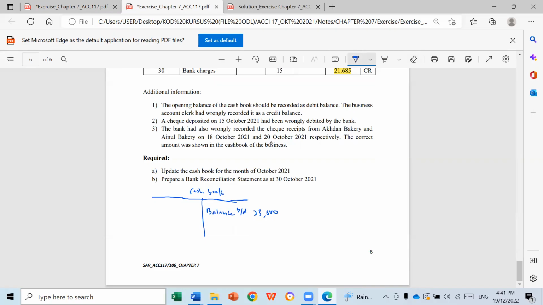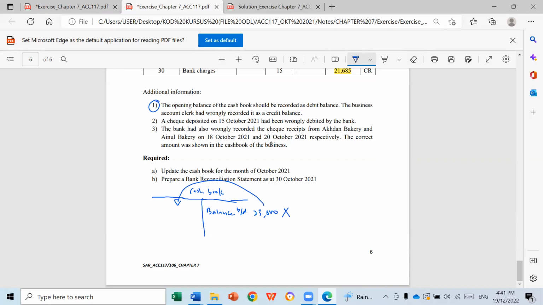In additional information number 1, it says that the opening balance of the cash book should be recorded as a debit balance. So this amount has been wrongly recorded. It should be recorded on the debit side.